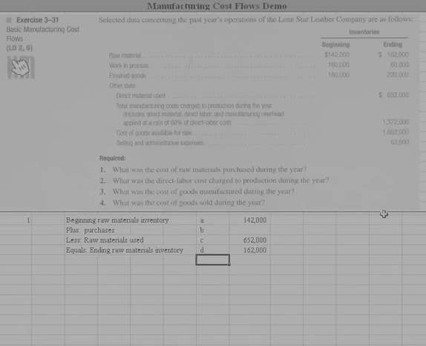If we use math to solve for that, then we can solve for B. So we're going to say that D is equal to A plus B minus C. Now let's put in what we do know. 162,000 is equal to 142,000 plus an unknown minus 652,000.